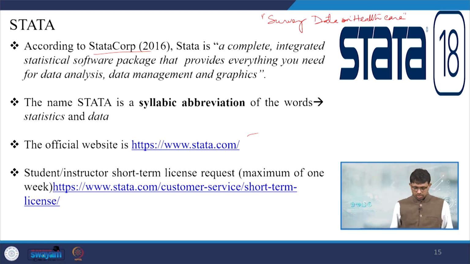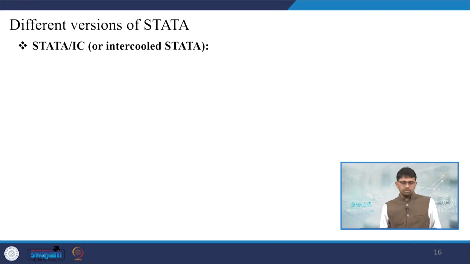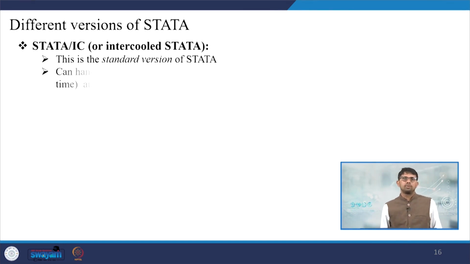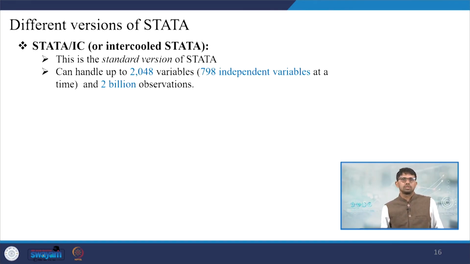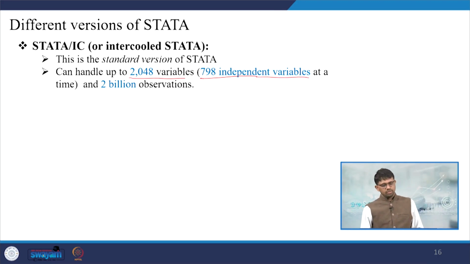The student or instructor request for a short term license can also be made through this link. Different versions of Stata are available. I'll clarify which are those versions. One is called the standard version of Stata. Usually this handles fewer variables, only 2048 variables, out of which 798 should be at maximum independent variables at a time, and 2 billion observations.